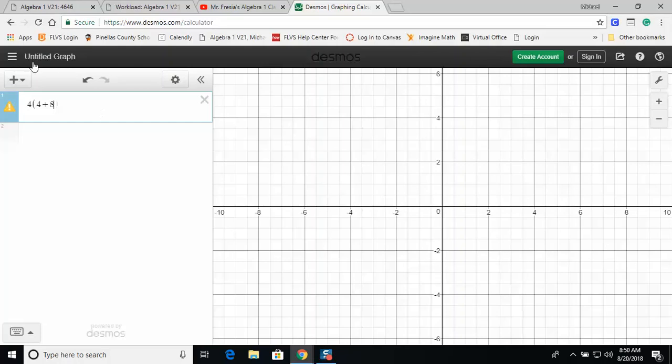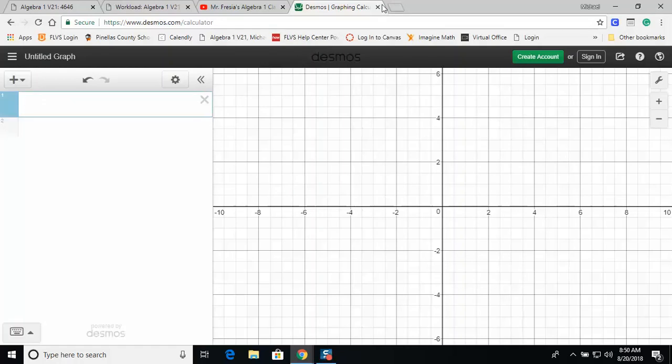That caret key is what raises something to an exponent. For example, if I want to raise this to the 2nd power, I hit Shift 6, and that puts it to the 2nd power. I hit the arrow key so that I'm out of the exponent, and then I can continue typing my math problem. Remember, once you go into the exponent, you have to use your right arrow key to get out of the exponent. All right?